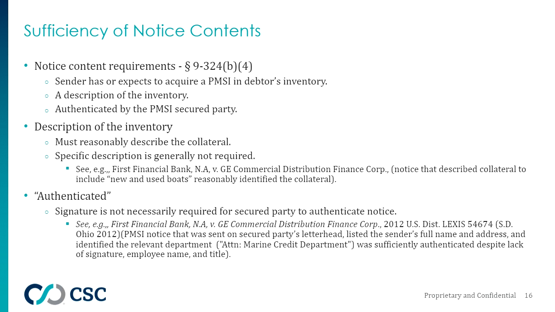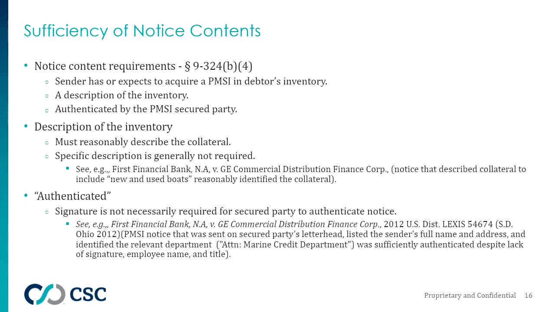This notice must be sent so that it is received before the debtor receives possession of the inventory collateral. Now, that notice has to include, and again, this is only for inventory, a statement that the sender of the notice has or expects to acquire a purchase money security interest in the debtor's inventory.